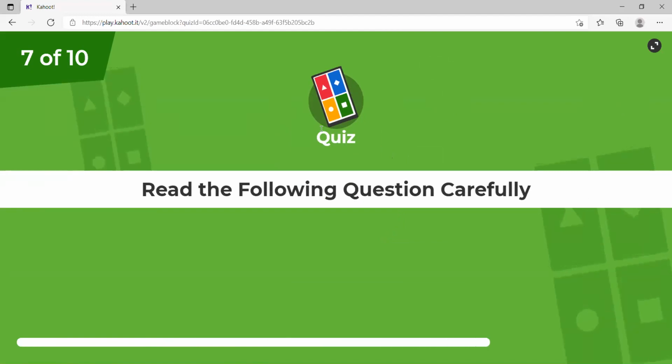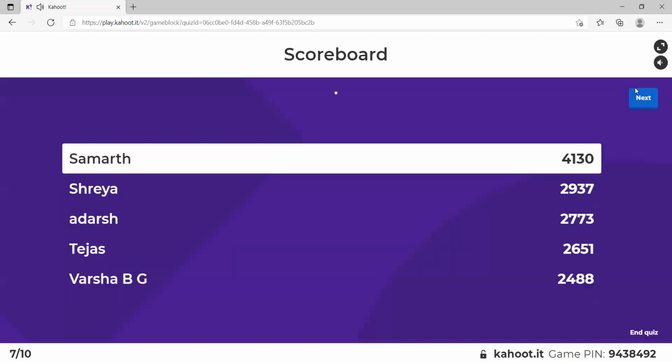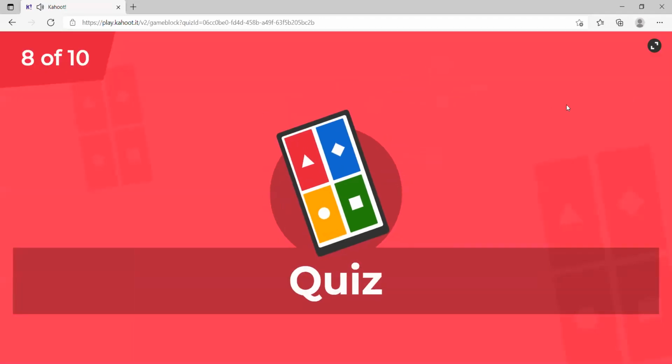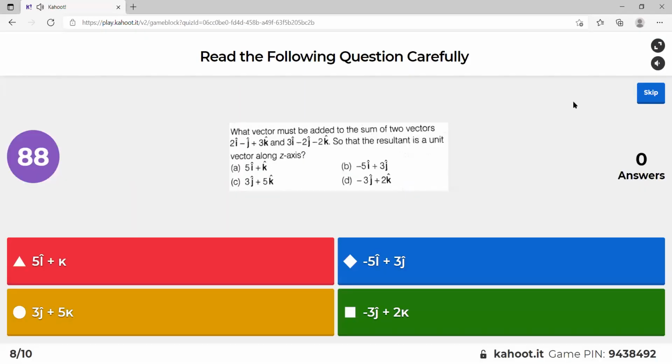This is the last question because after this it's all about dot and cross. Wait, not this one also. This is from dot and cross. We will skip this. Quickly, this question we can do.